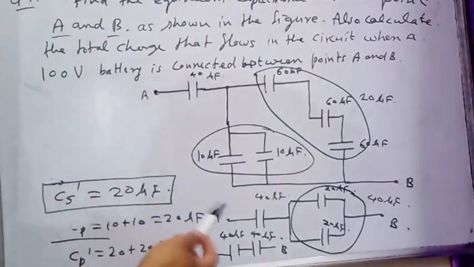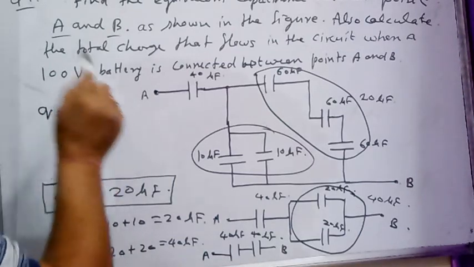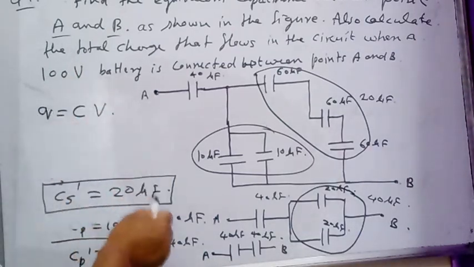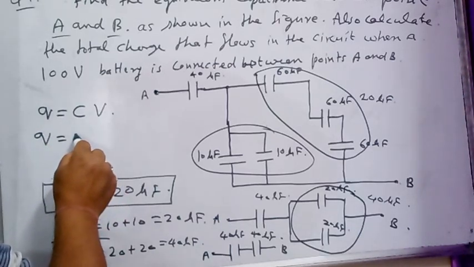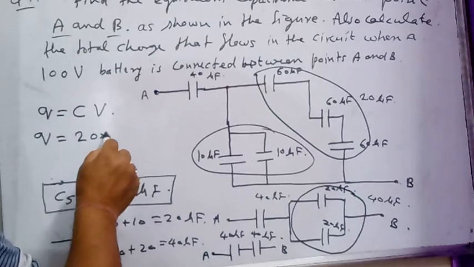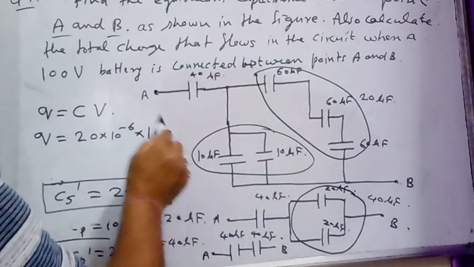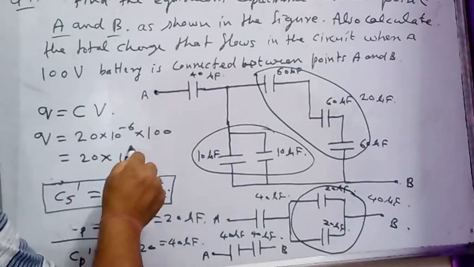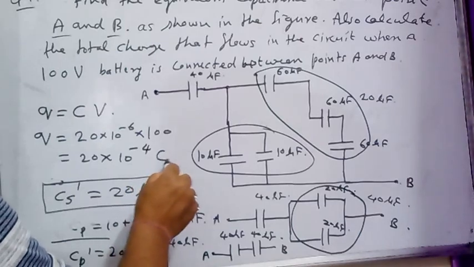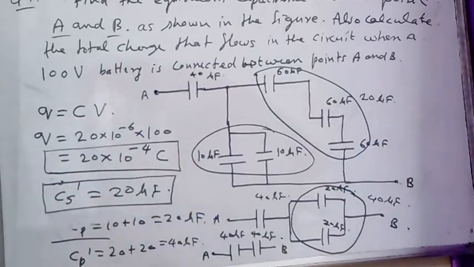So to calculate amount of charge, by formula Q equals C into V. So equivalent capacitance of the circuit, amount of charge Q is going to be 20 microfarad, that is 20 into 10 to power minus 6, multiplied by applied potential, that is 100 volt. It's going to be 20 into 10 to power minus 4 coulomb. This would be the second answer: 20 into 10 to power minus 4 coulomb.